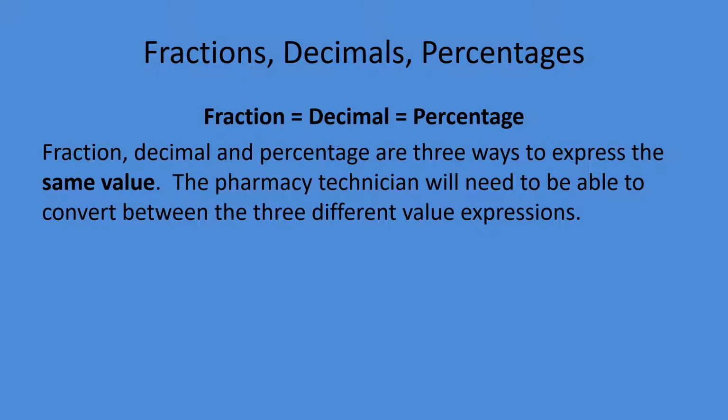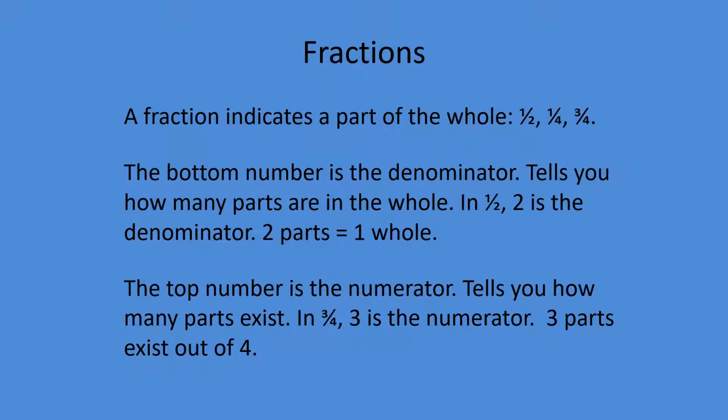If you're having issues, look for some resources online. Fractions, decimals, and percentages are three ways of expressing the same value, so you're going to have to be able to convert between all of them. Fractions are part of the whole. The bottom number tells you how many parts there are, and the top number tells you how many exist.